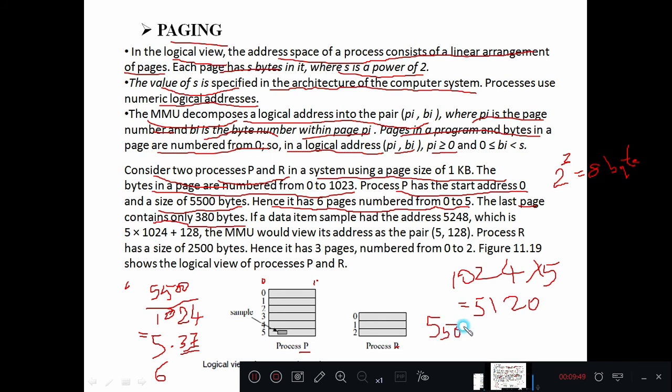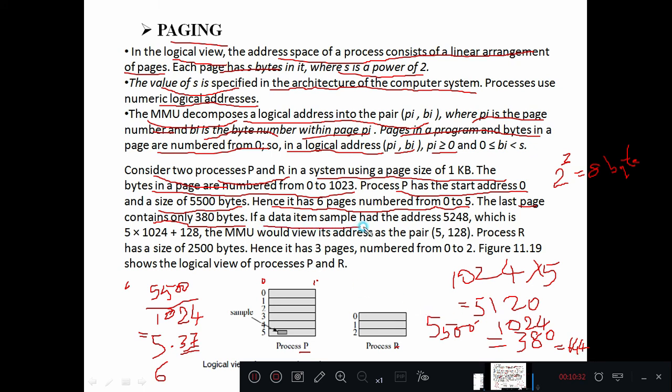If I subtract 5120 from 5500, it comes to 380. So the last page is going to have only 380 bytes, but each page size is 1024. The remaining bytes, 1024 minus 380, which is 644 bytes, are going to remain vacant. They are not going to be used because the size of process P is 5500 bytes.